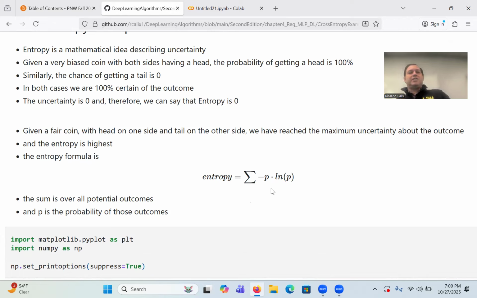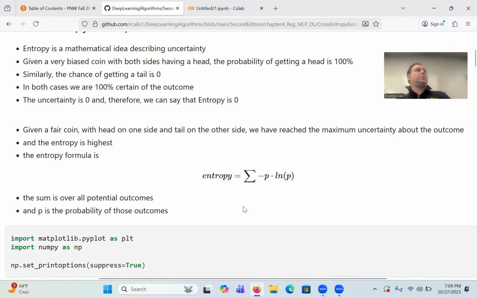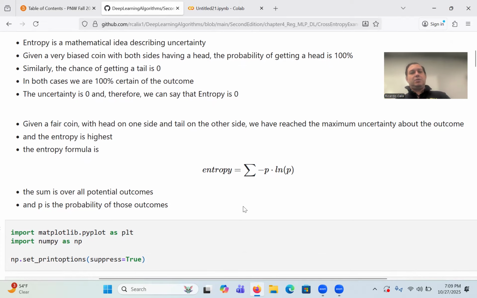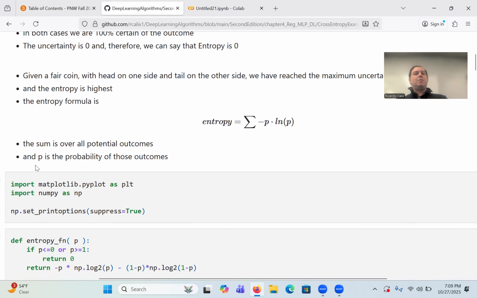So the formula is the sum of the probability times the logarithm of the probability. This is just the equation that Claude Shannon proposed when he discussed all these topics. So the sum is over all potential outcomes. That's why, if it was multi-class, then it would be 3 possibilities, 3 classes.